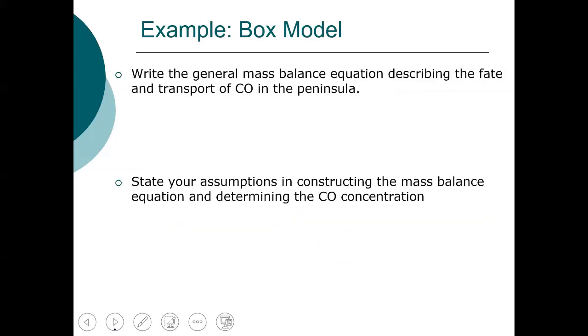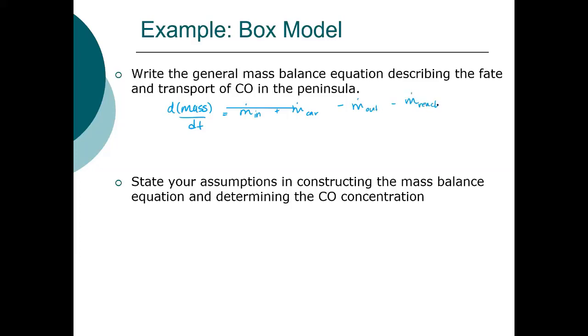So we can write a mass balance describing the pollutant. So we have, again, the change in mass with respect to time, and that is equal to the mass in through the face plus the mass rate from the cars minus the mass rate out minus the mass rate reacted.